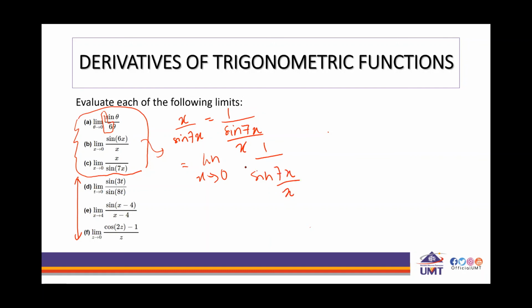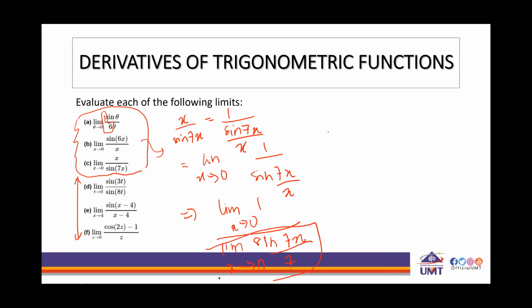So in this case, you answer it as the limit of 1 as x approaches 0, divided by the limit of sine 7x over x as x approaches 0. So how to find this?